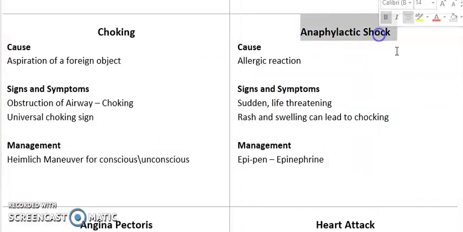Anaphylactic shock. Everyone can get an allergy, right? An allergic reaction to different things. For us in the dental office, we have latex gloves. Some people are allergic to latex, or to some other dental materials that we might not know of. There are levels of allergies. We can have a small allergic reaction, a little bit of rash, a little bit of swelling, something like that.